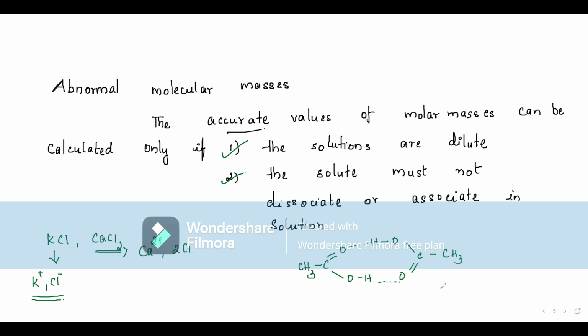So if 2 moles of acetic acid are taken, in effect you will have only 1 mole when in solution. That is called association.